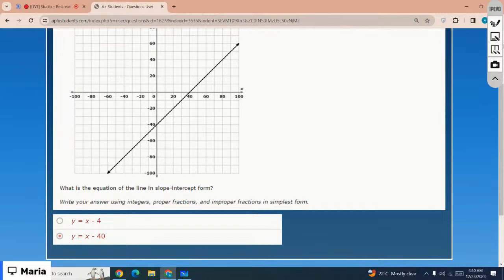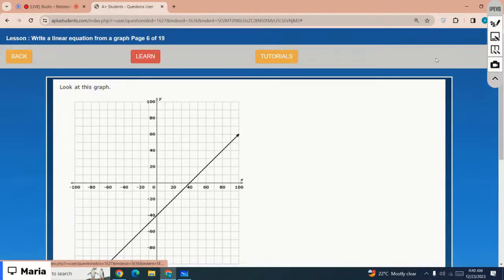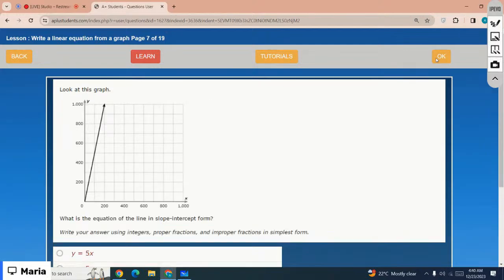Y equals x minus 40 is the correct option, right? Okay, you can complete the lesson by yourself later today.